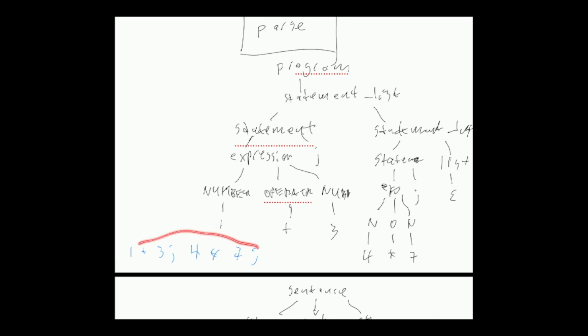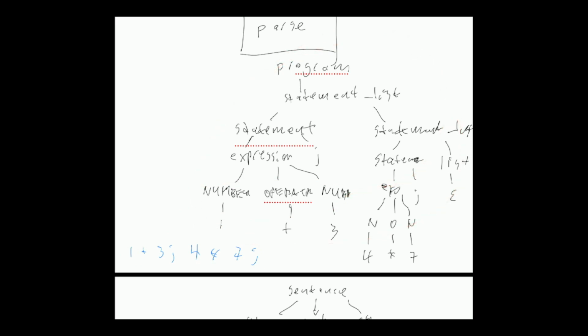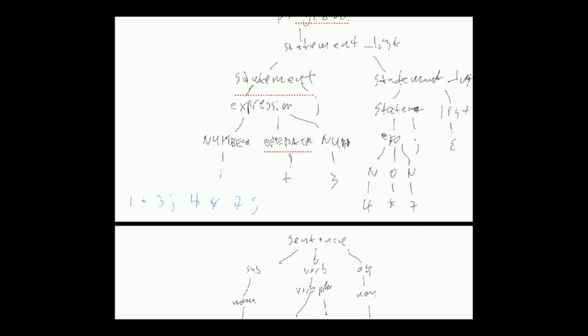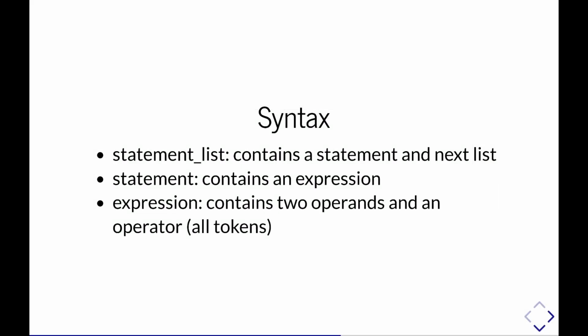So we've taken this input, we've identified all of the tokens, the types of words here, and then we've created this syntactic structure on top of it that tells us what's a statement, what's an expression. And then the next phase, we're not going to do optimization or type checking in this compiler.